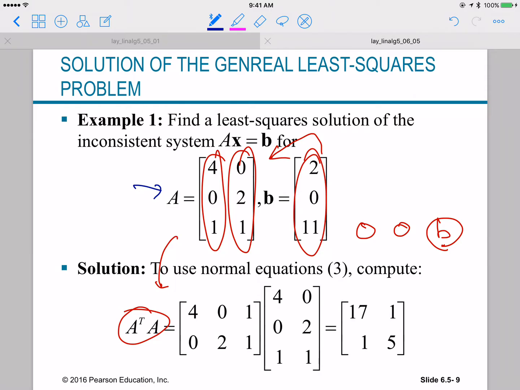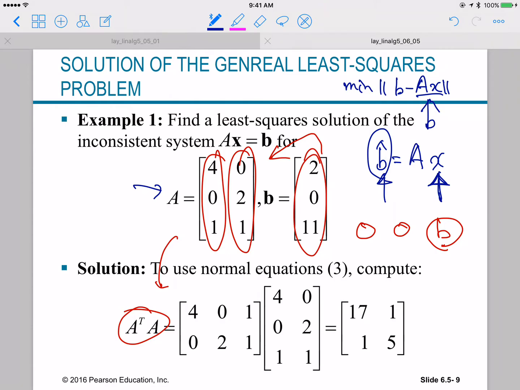In that case, all we wanted to find was this B hat, which is AX, the orthogonal projection, and we wanted to find the linear combination coefficient X, right? So B minus AX, which is our B hat, should be minimized. This is the least square problem, right?